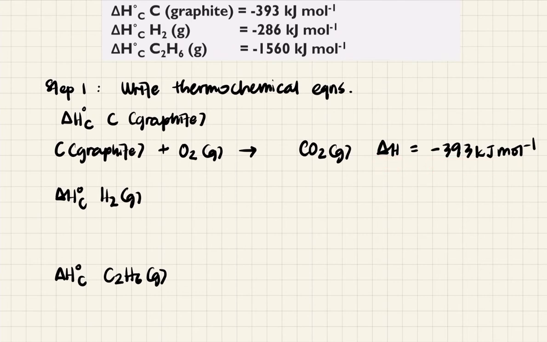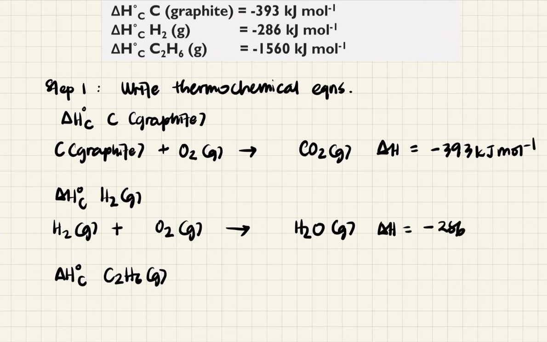Next, we're going to write down the thermochemical equation for hydrogen gas, the combustion. So we have hydrogen gas molecule plus oxygen gas. You have hydrogen and oxygen. Hydrogen being burned, you will get water, water vapor. So the delta H will be minus 286 kilojoule per mole.